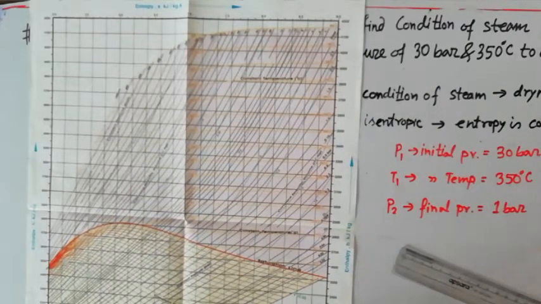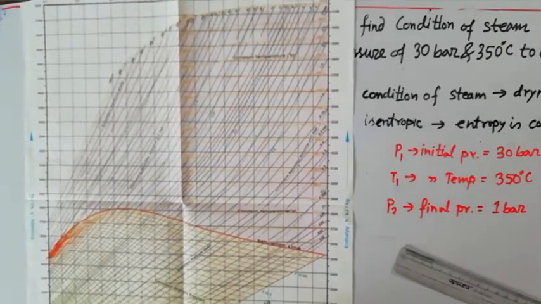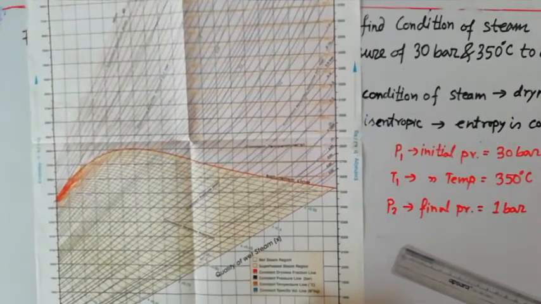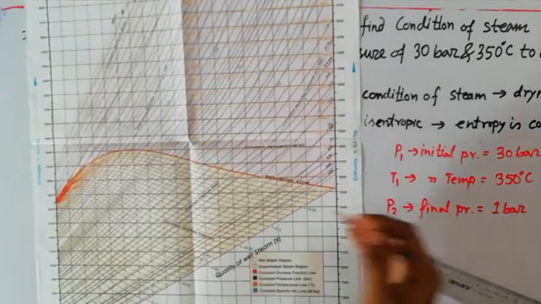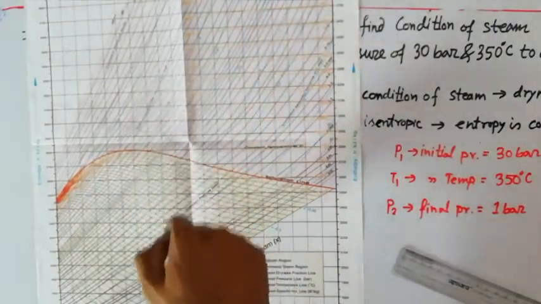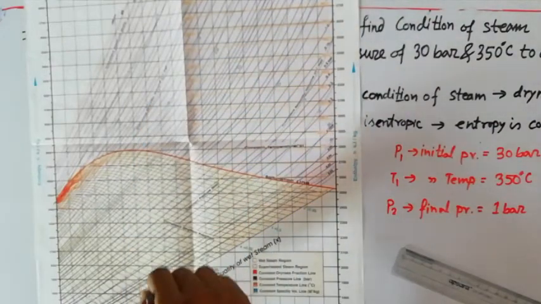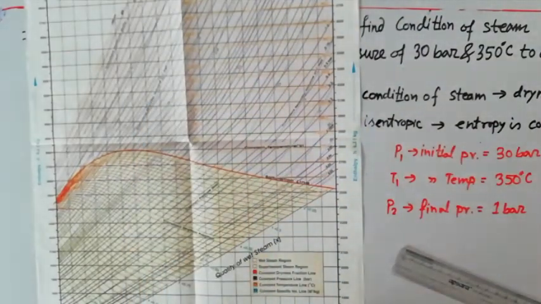Now the steam is expanded, but the process is isentropic. The horizontal axis is entropy, we know. So for an isentropic process, you have to project a vertical line, because along a vertical line the entropy is constant.